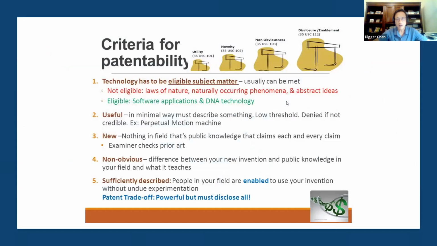So let's talk about the criteria for patentability, how to obtain a patent. So the first point is you have to be an eligible subject matter. For example, the laws of nature are not patentable, or naturally occurring phenomena, like a tornado, or abstract ideas.